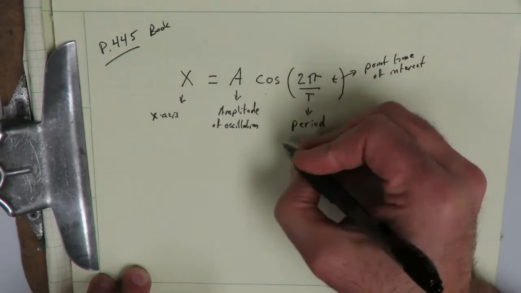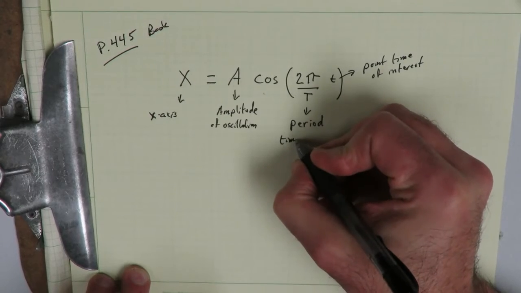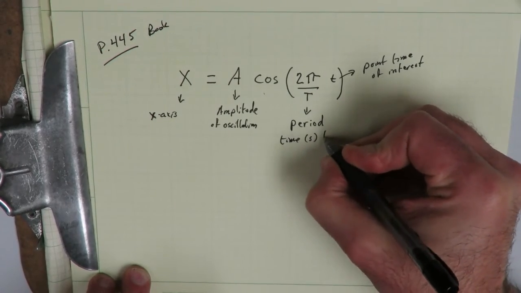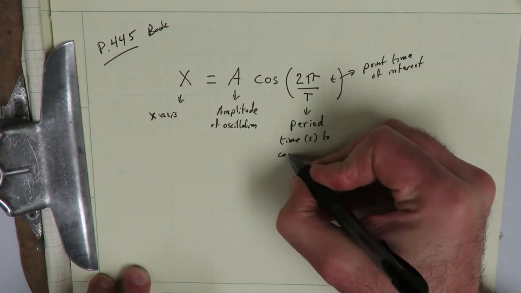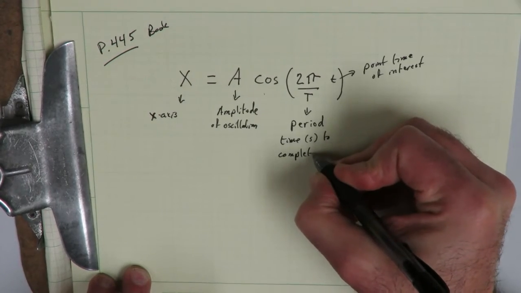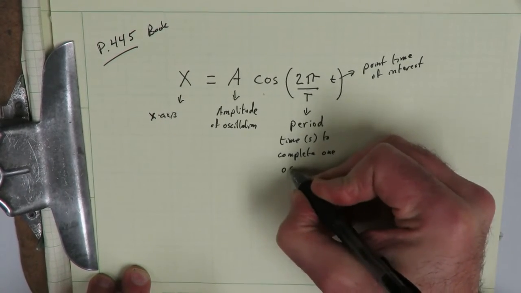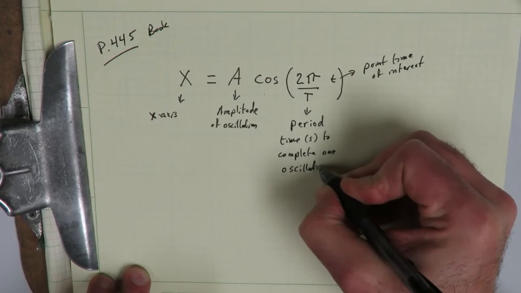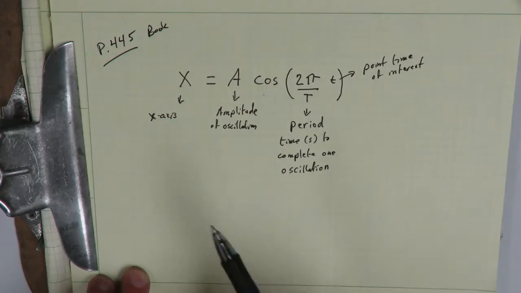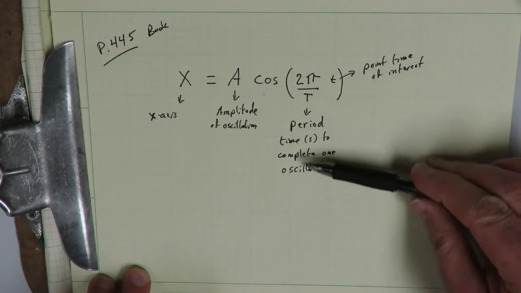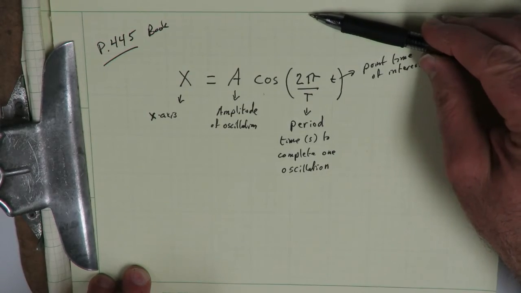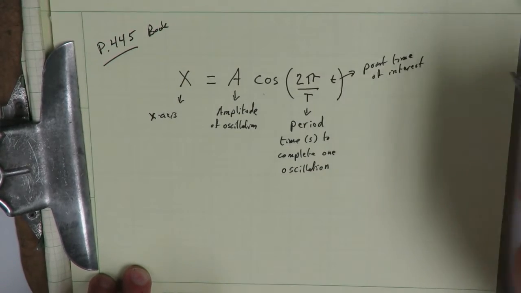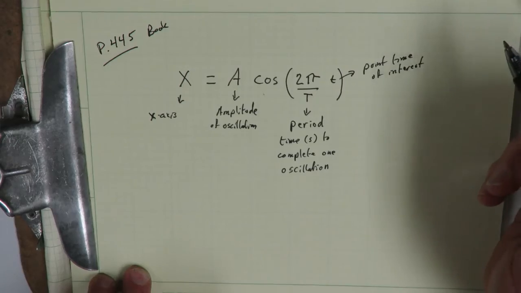Which is the time in seconds to complete one oscillation. So to go from one extreme to the other extreme and back to the beginning point again. That is the period T. And small t is what it is.